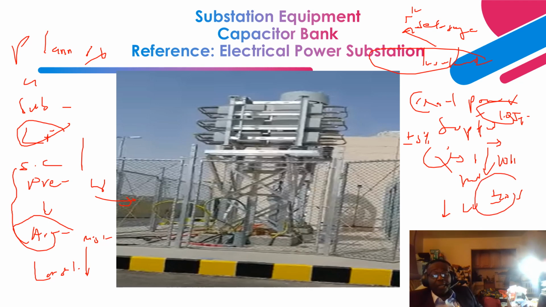So when they do the load flow and evaluate the bus profiles, and they find that it does not meet the criteria, based on the worst case scenario, that is when they decide that we need to install capacitor banks to provide support for reactive power.